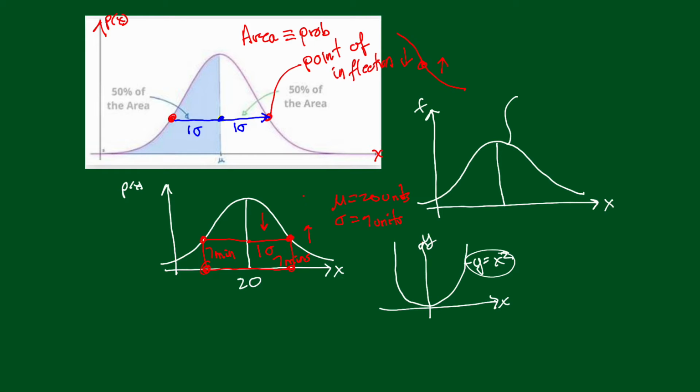This will be f, and let's do p, probability. So here's the function: P is equal to 1 over sigma times the square root of 2 pi times e to the negative, it's a fraction up here, x minus mu squared over 2 sigma squared.